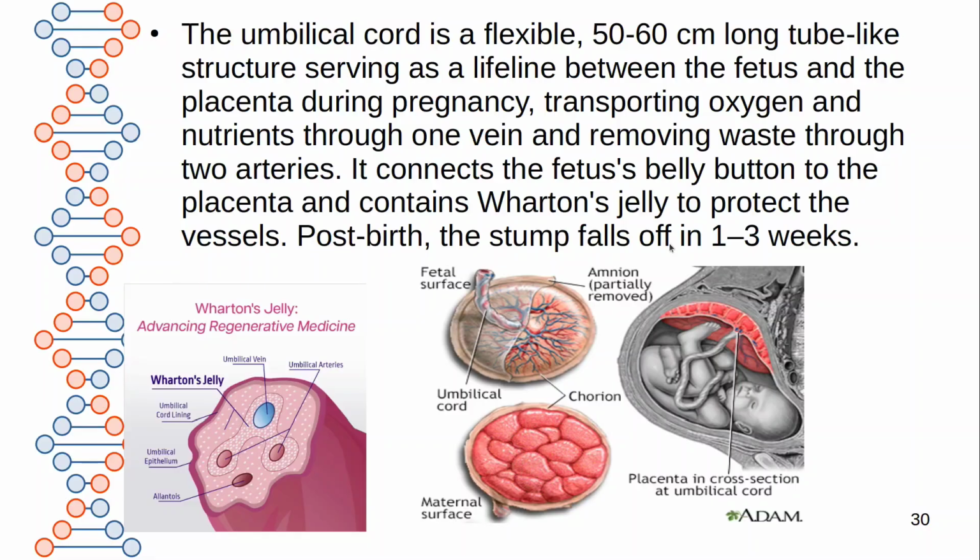Post-birth, the stump falls off in 1 to 3 weeks. Once the baby is delivered, they will cut the umbilical cord. A small stump attached to the baby's umbilicus will slowly dry off and fall off within 1 to 3 weeks.